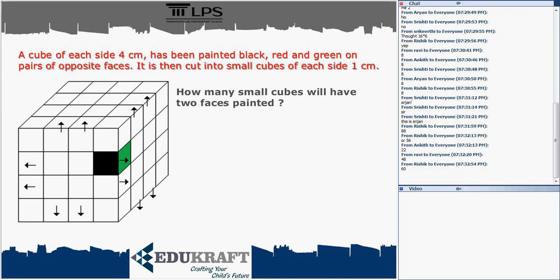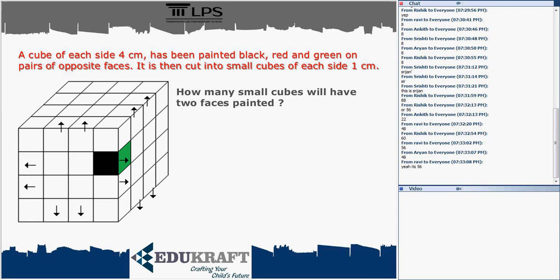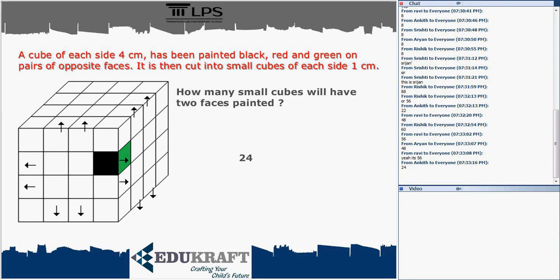Okay. On 1, 2, 3, 4, 5, 6, 7, 8 faces painted. The answer is 4.